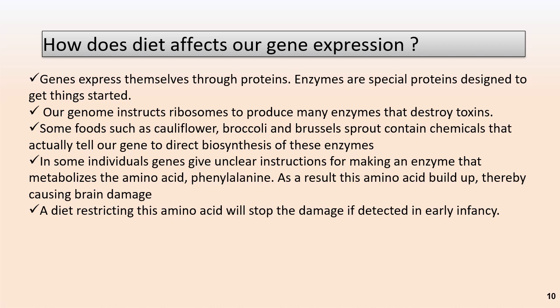So basically our ribosomes are responsible to release many enzymes and some other biochemical compounds, and these compounds are found in our body and fight with that. There are different chemicals available in our body. So these activities act on our genetic materials, and these activities are regulated by the different types of nutrients.